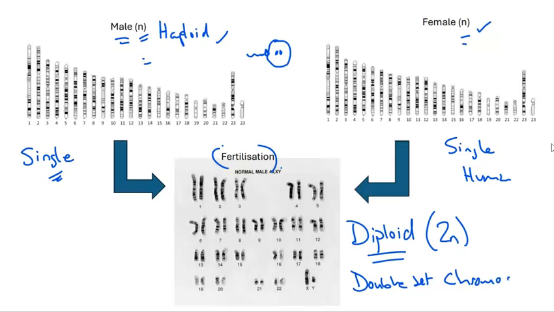And so in a human, that would mean a double set of all human chromosomes, shown here by the 2 copies of chromosome 1 and 2 and 3 and 4 and so forth, all the way through the human chromosomes, a double set.